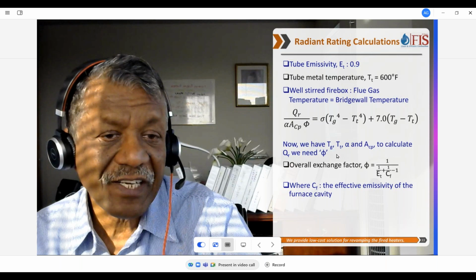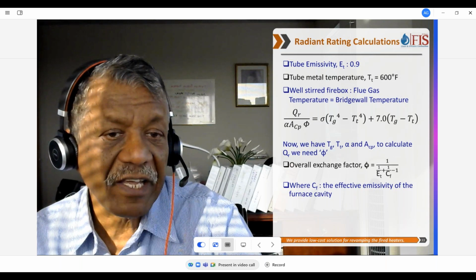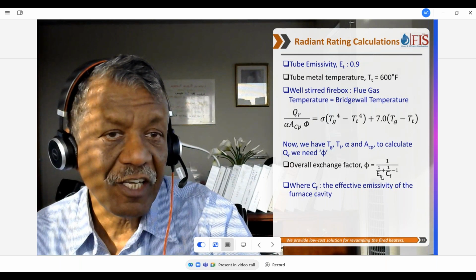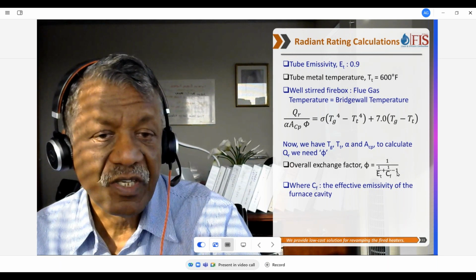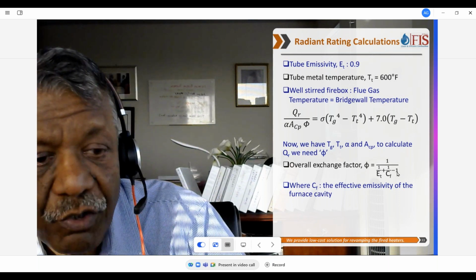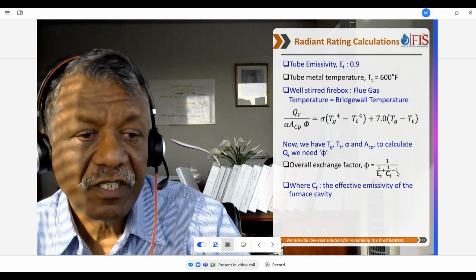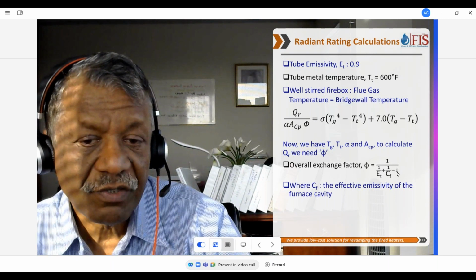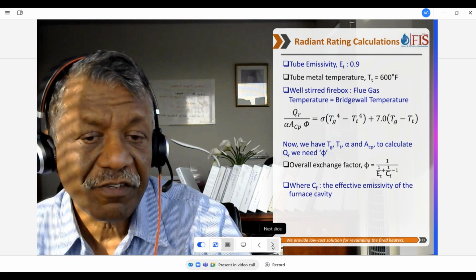The exchange factor is a little bit complicated, but it is 1 by ET, 1 by CF minus 1. If you are familiar with Kern, even Kern can give you some of these factors, which again are based on Lobo and Evans.